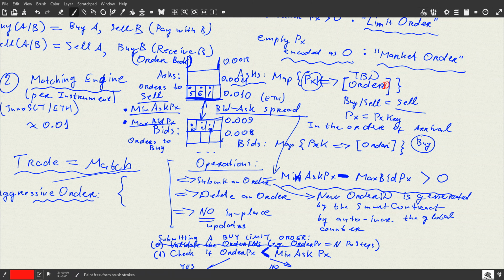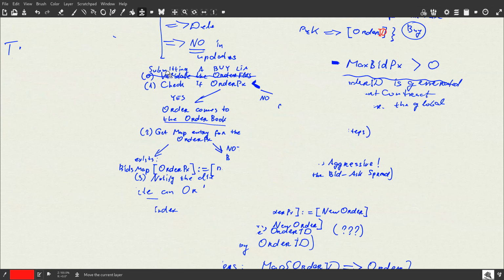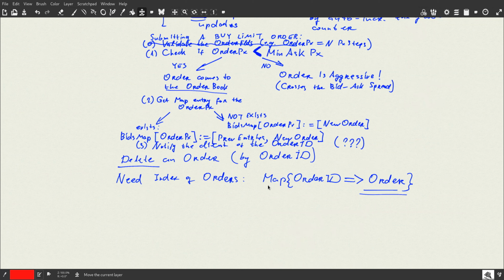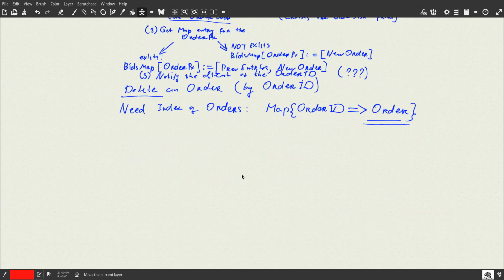We only need order ID here. So the order book is a map from prices to lists of order IDs. And separately, we have a map from order IDs to full details related to that order. I think that's a quite good arrangement.